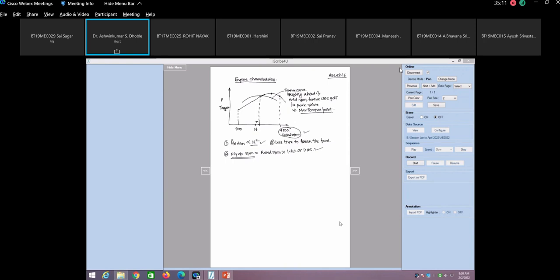One last question in this discussion: for urban driving, city driving, will you prefer a vehicle fitted with a diesel engine, or a vehicle fitted with a petrol engine? What do you prefer, sir?